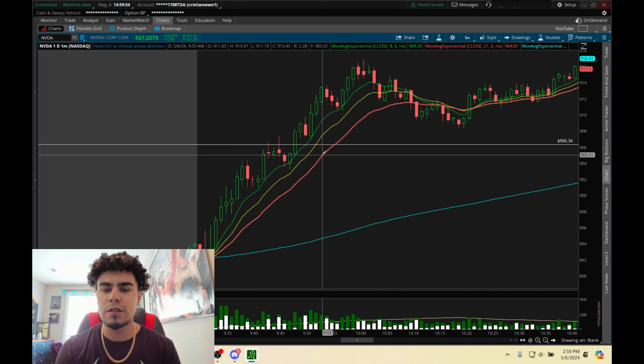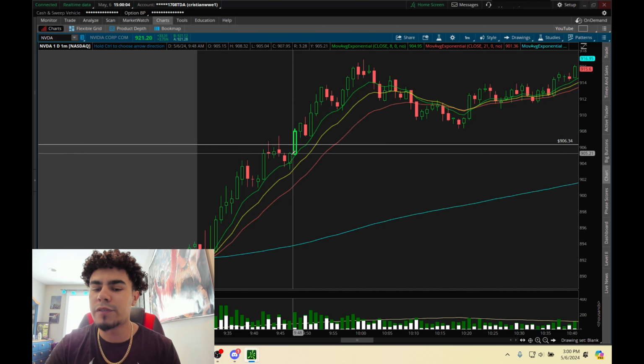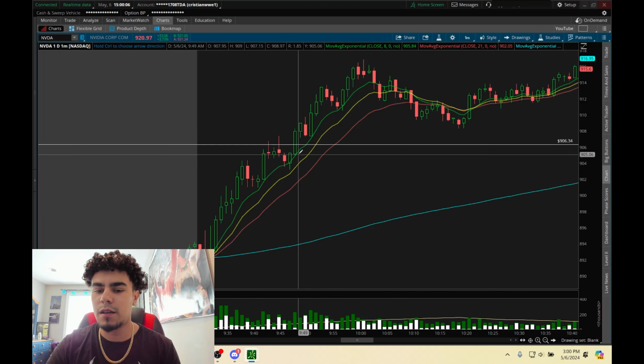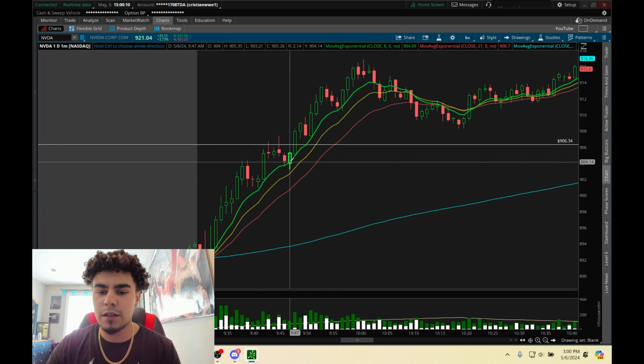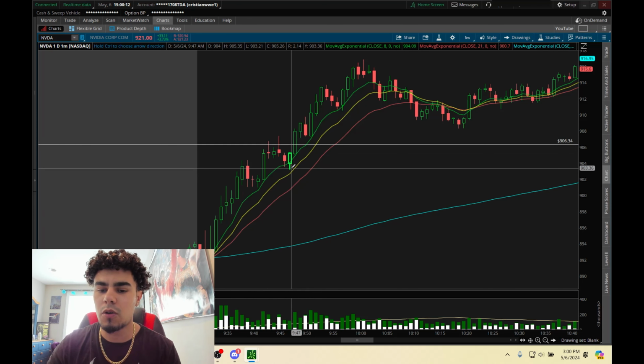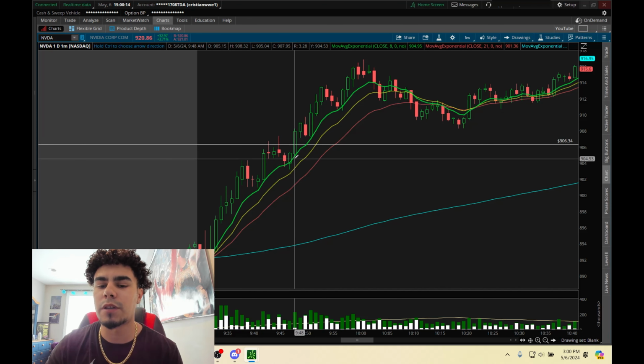One of the big reasons why you shouldn't use a moving average blindly and on its own is because it's a delayed indicator. The only reason moving averages update is based off of past information. So if you're trading, especially as a scalper, if you're only trading based off of past information, you're always going to be late to the trade.